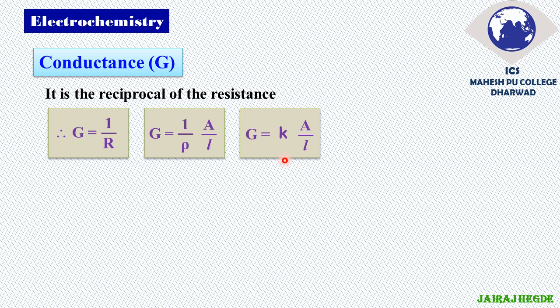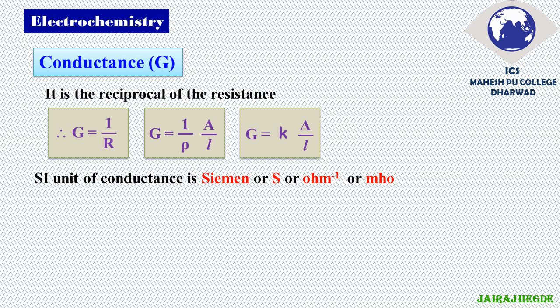Or G is equal to kappa into A by L. Here kappa stands for conductivity of the conductor. So conductance is equal to conductivity into area divided by length. SI unit of conductance is Siemens. How do we measure resistance?